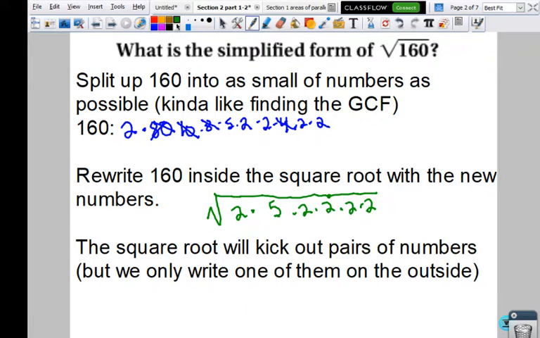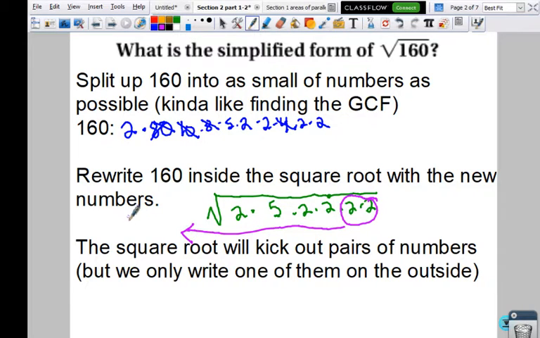Square roots are kind of special. If you ever have a pair of the exact same thing, a square root will shove it together and kick it out. So I have a pair of 2's right here. These 2's are going to get squished together and kicked out, so they're not going to be inside your square root anymore.